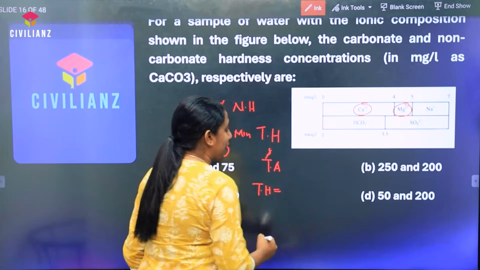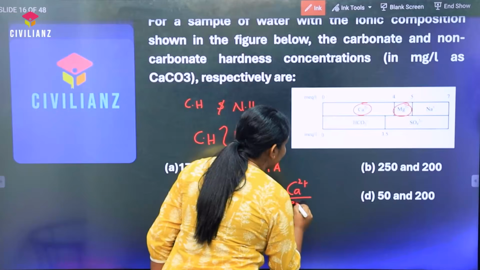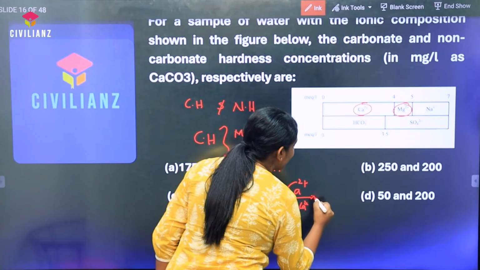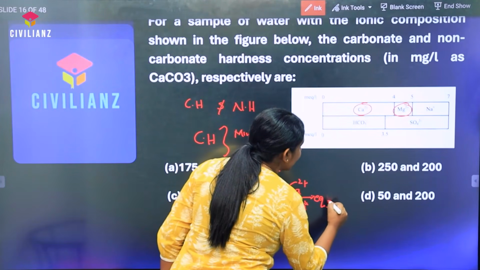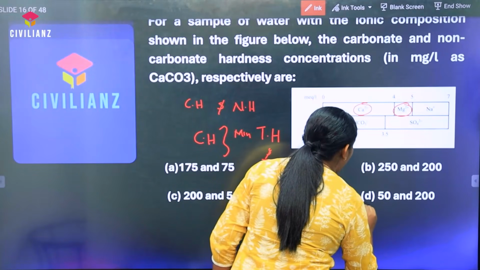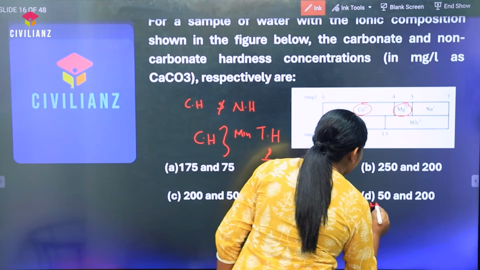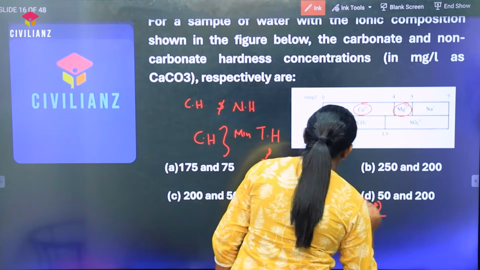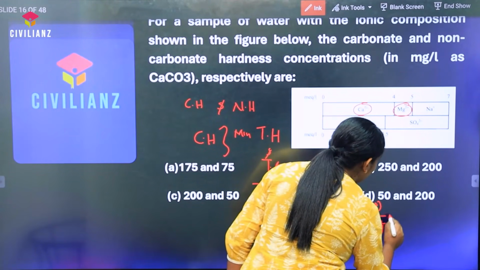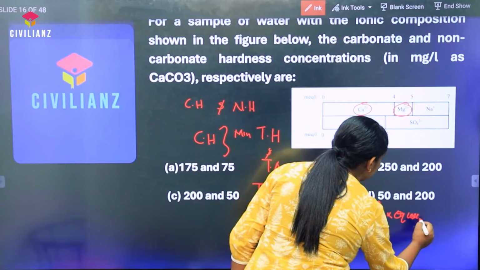Total hardness equals the concentration of Ca2+ divided by the equivalent weight of Ca2+ times the equivalent weight of CaCO3, plus the concentration of Mg2+ divided by the equivalent weight of Mg2+ times the equivalent weight of CaCO3.